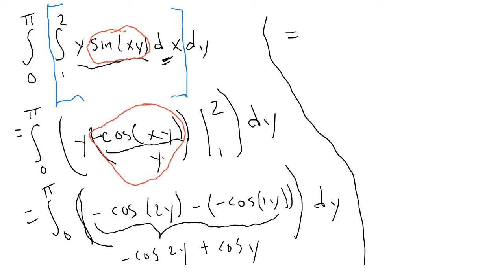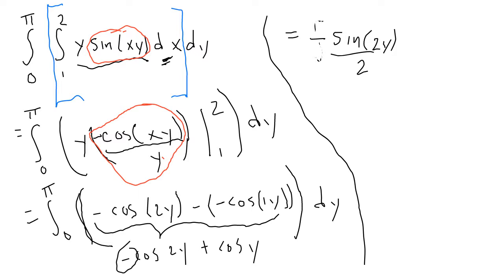All right, well, now it becomes a calculus 1 problem, right? Because we only have one integral. So the antiderivative of cosine is sine. So we have sine of 2y over 2. Don't forget about that minus in front there.